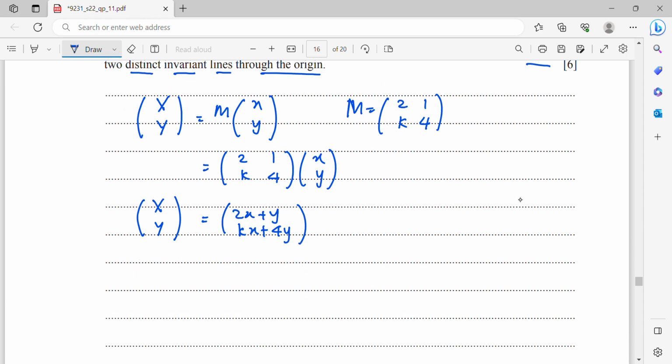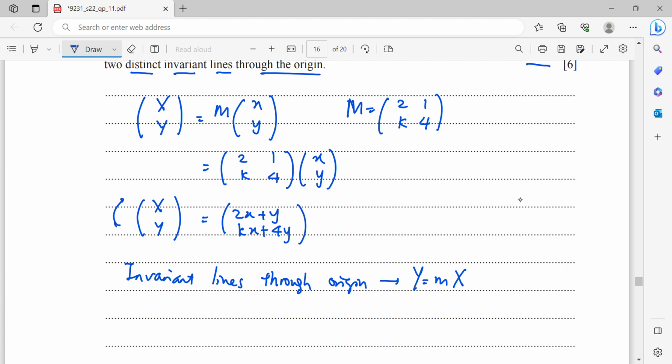Okay, so since invariant lines lie through origin, that means your y equals to mx. I will say that this is capital Y. So now we can connect these two coordinates.